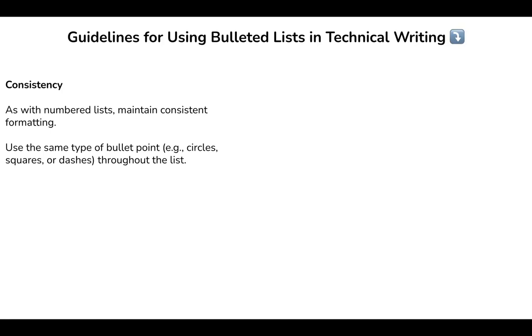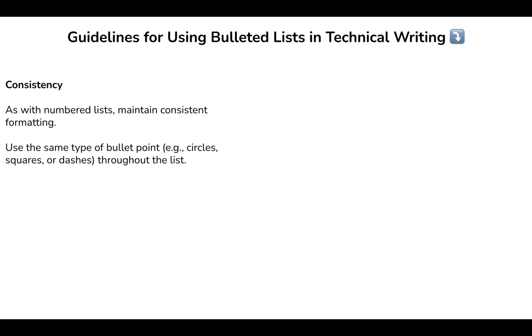So as with numbered lists, you should maintain consistent formatting when creating bulleted lists. Right. So bulleted lists can be preceded with circles, squares, dashes, or any other symbol in front of each list item.